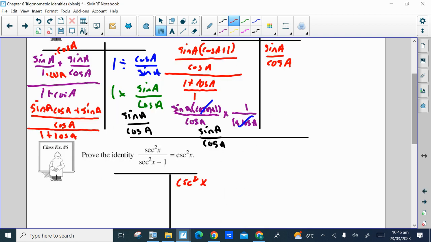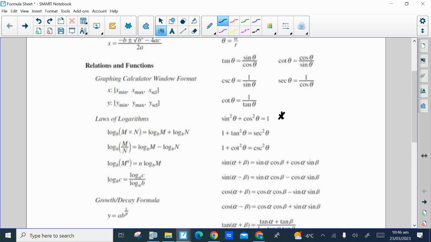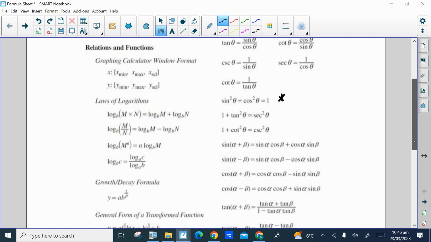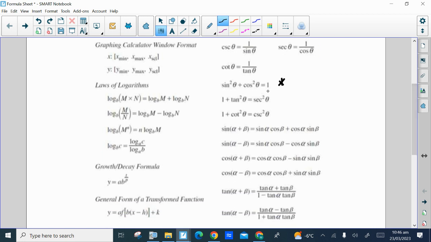If you look at the Pythagorean identities, this one here involves secant squared: 1 plus tan squared theta equals sec squared theta. Well, just like there's variations for the original Pythagorean identity, meaning you can bring, let's say, the cos squared theta over to the right and say sine squared equals 1 minus cos squared, you can do the same thing with the other Pythagorean identities.